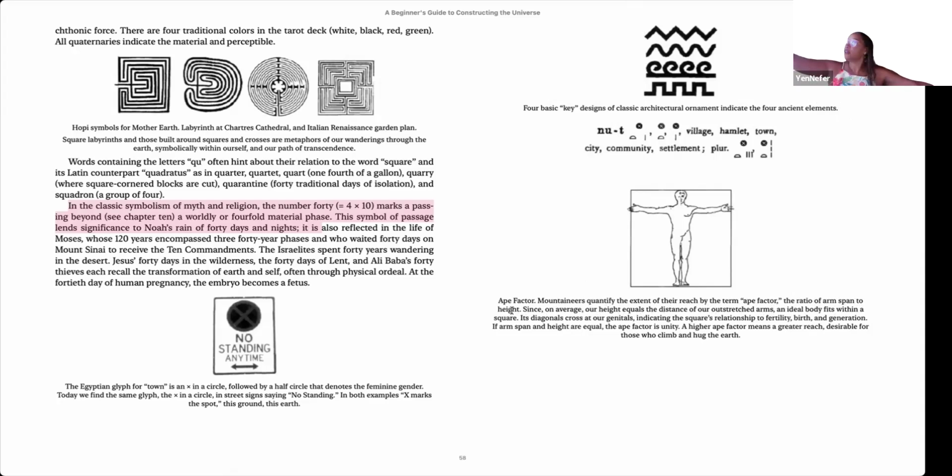Its diagonals cross at our genitals, indicating the square's relationship to fertility, birth, and generation. If arm span and height are equal, the ape factor is unity. A higher ape factor means a greater reach, desirable for those who climb and hug the earth.